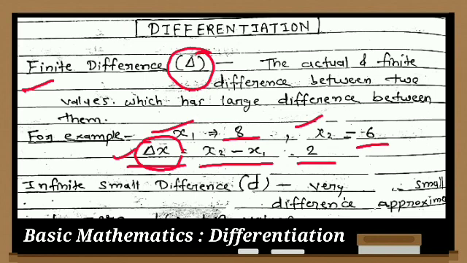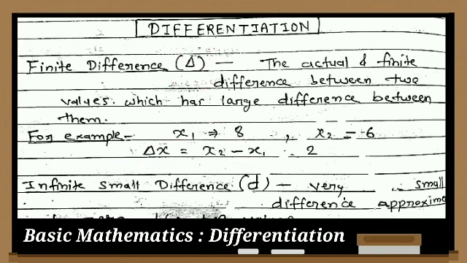We don't require instruments or any other equipment to measure the finite difference. It is basically the simple difference of two values. Okay, it is clear. Now we move forward.